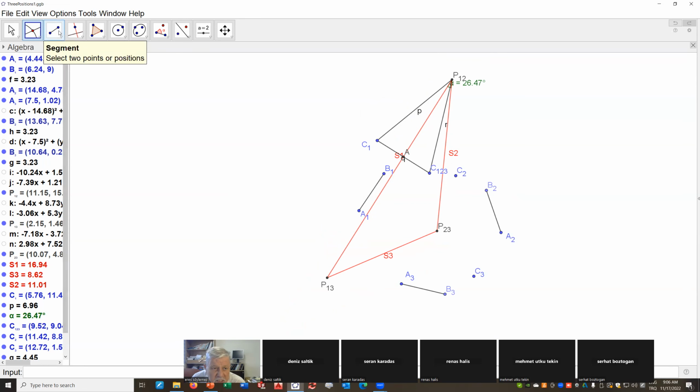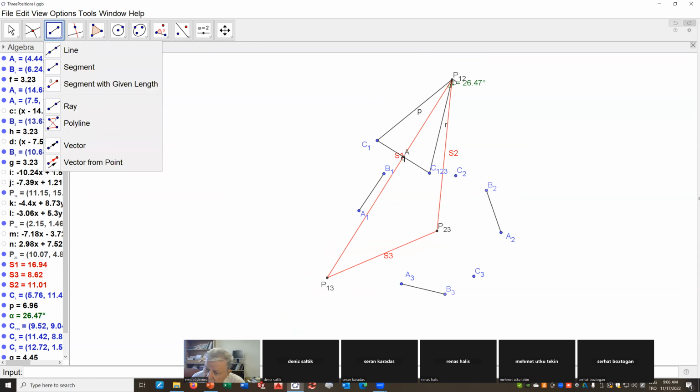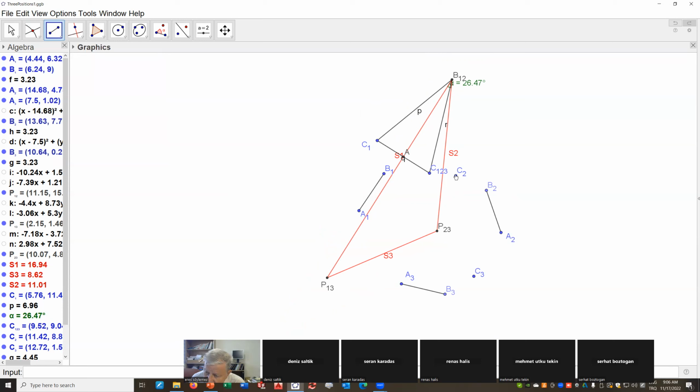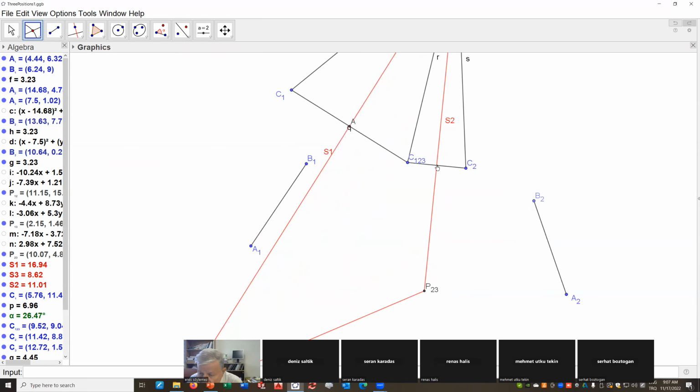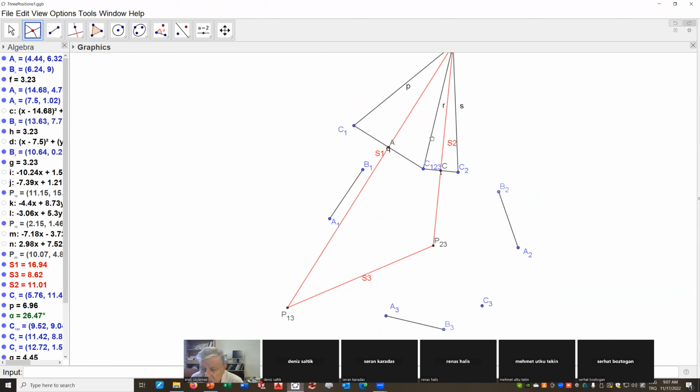The same thing applies for these two triangles. C2, P12, and let me determine the intersection point. These two triangles are equal. So these two angles are equal.